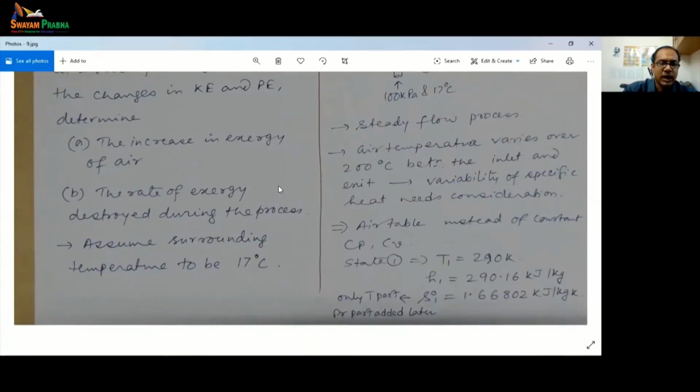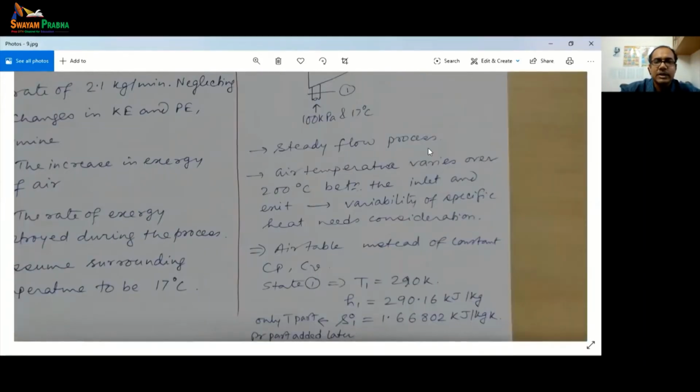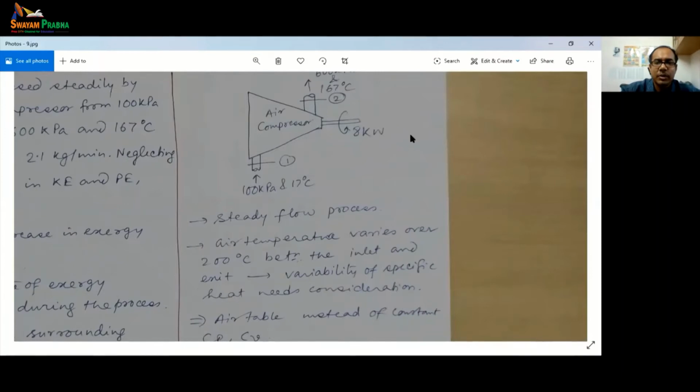Another thing given is that the temperature of the surrounding is 17 degrees centigrade. As exergy itself requires the surrounding condition, it's a joint or combined property of the system and the surrounding. That is why you require the surrounding temperature as well.